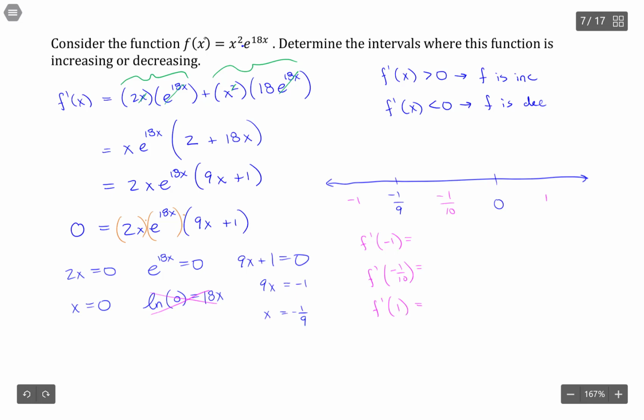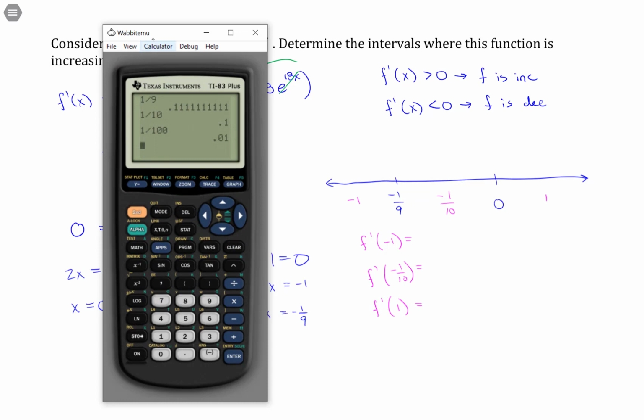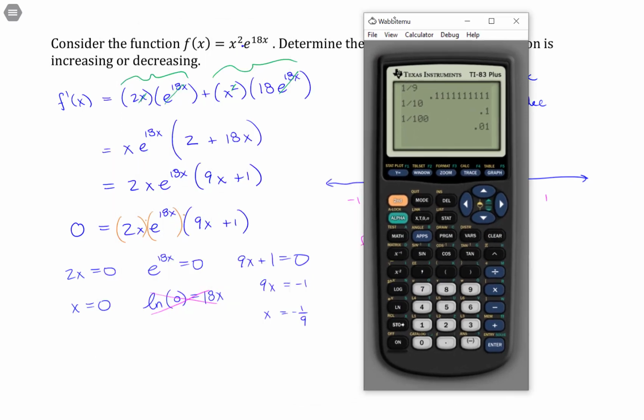Now, this might not actually be too bad analytically, but because there's a few different terms here, I think what I'm going to do is just plug this into the calculator. So 2x, then e raised to the 18x, and that's multiplied by 9x plus 1.